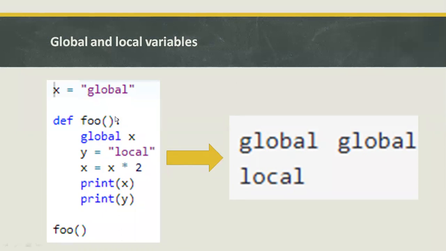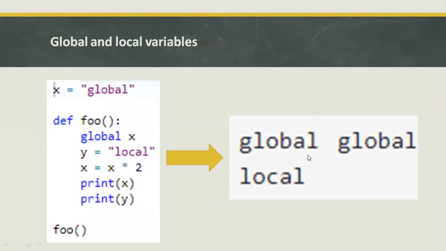So inside this function, you have to specify global x. You have to specify this global variable inside a function, then only you can modify. If you are not specifying it, you will get the error message. So global x, y is equal to local. Now x is equal to x into 2. In the output, you will get global global.